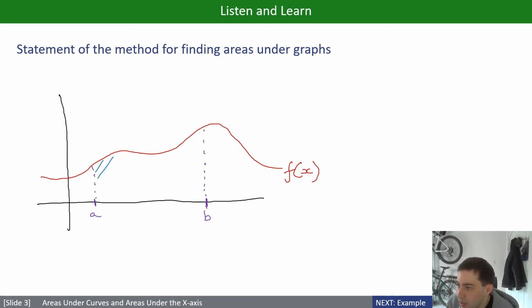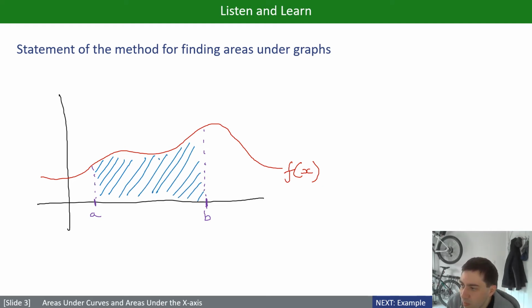I can now calculate this area, and so can you. And to calculate it, you just have to do the integral of whatever that function is, the red line, and just choose as your limits the bottom one, which is the limit on the left, and the top limit, which is the number on the right here.